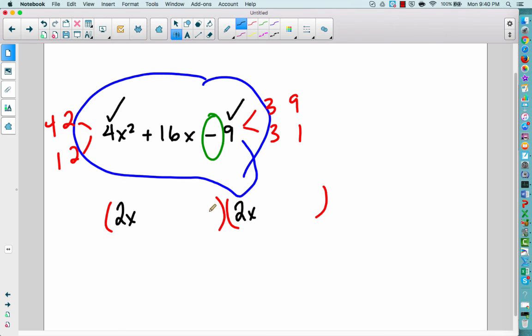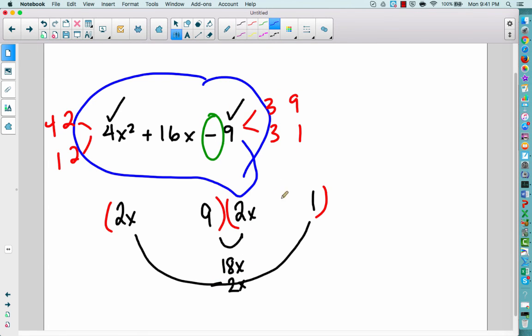So I'm going to try 9 and 1. 9 and 1 gives me an 18x and a 2x, which actually does give me, I can get that to give me a 16x. And it's a positive 16x, but they have to multiply to give me a negative. So then 2 would have to be negative, and the 18 would have to be positive. So it would be minus, plus, and I'm done.